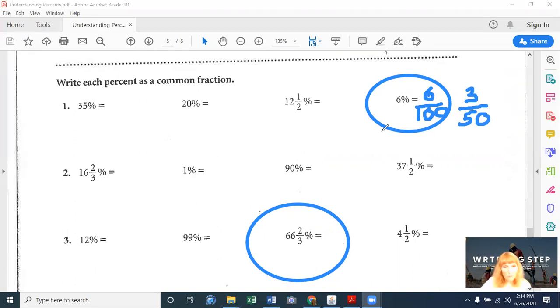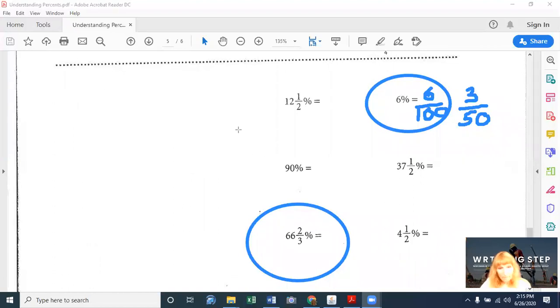Let's look at one more of the fraction ones here, 66 2/3. So first thing we do is we say, okay, it's 66 2/3 over 100 equal parts.